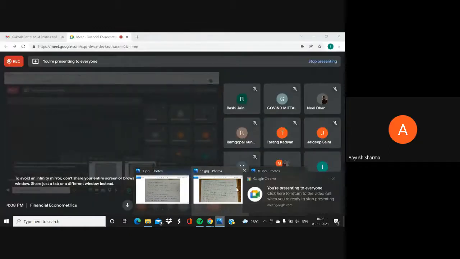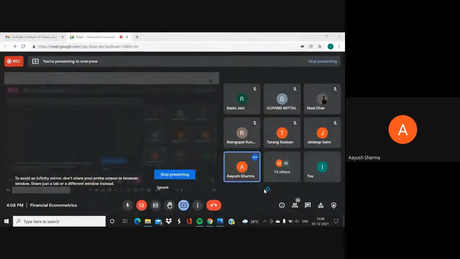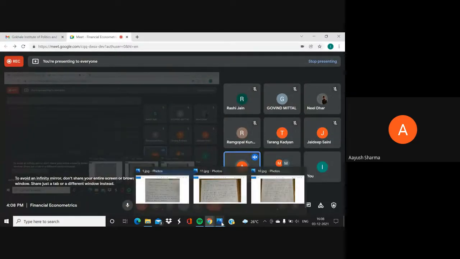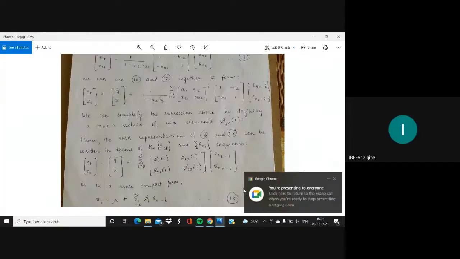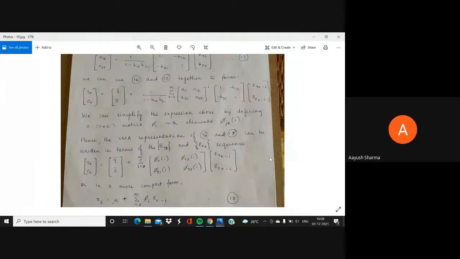Ma'am, the number shown in the bracket shows that we have to subtract, t minus 3, for example, if there is 3. But what does third time period mean? Basically, the shock happens in time period t. Then you're seeing what is the effect of that shock on either yt or zt at time t plus 1, at time t plus 2, and so on.